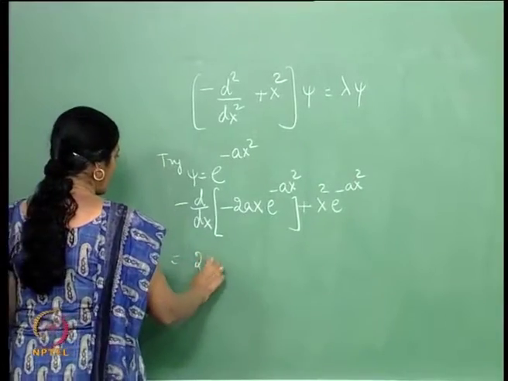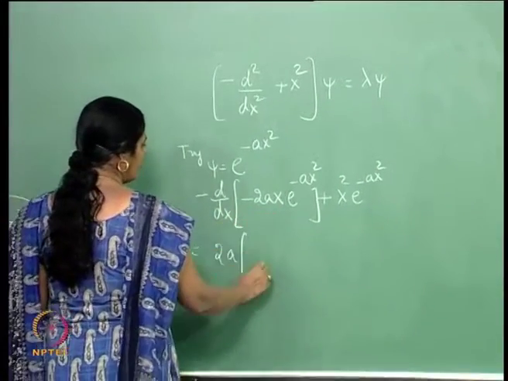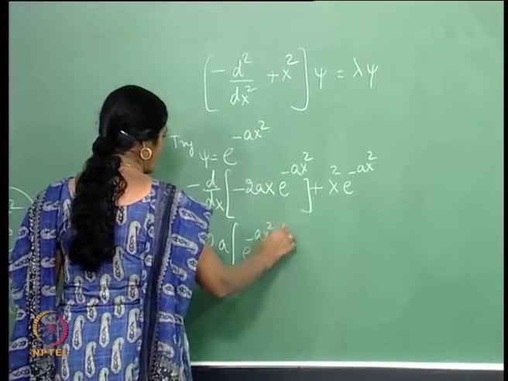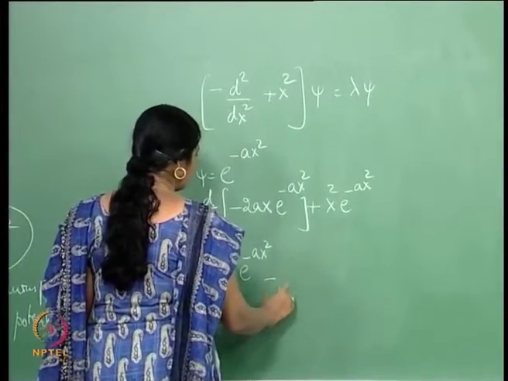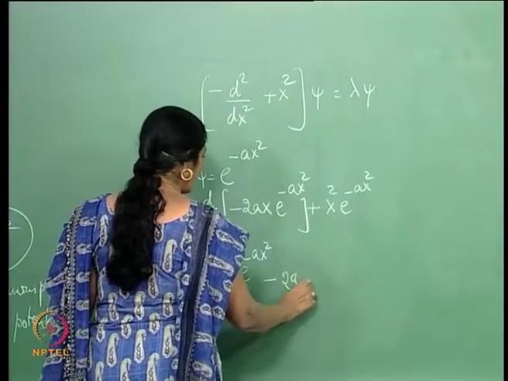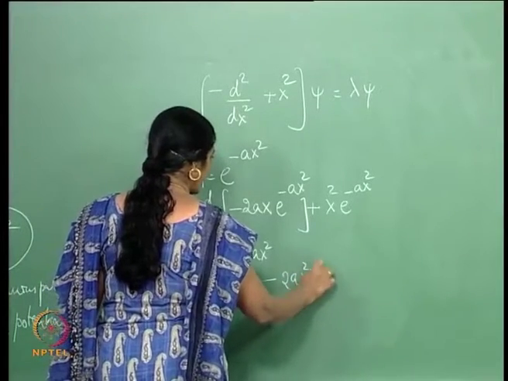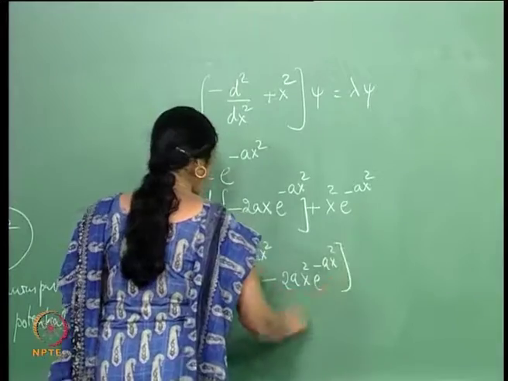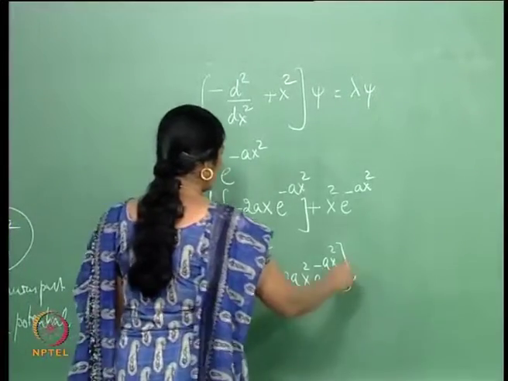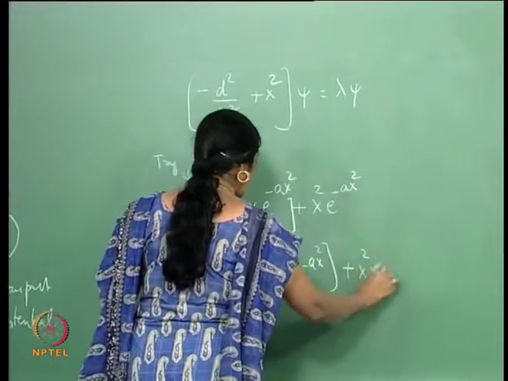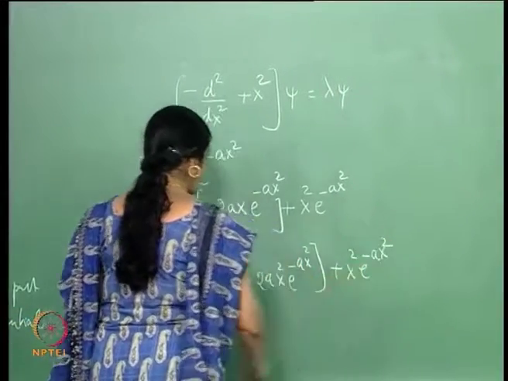Now that is a 2a. So the first term is just e to the minus a x squared, and the second term is minus 2a x squared e to the minus a x squared, plus x squared e to the minus a x squared.